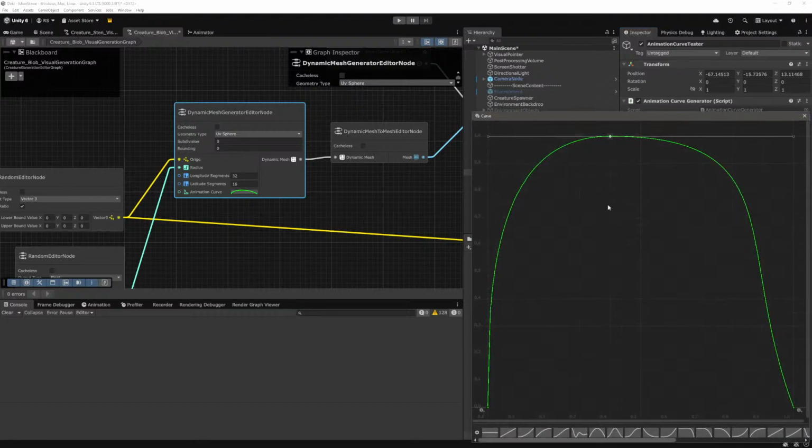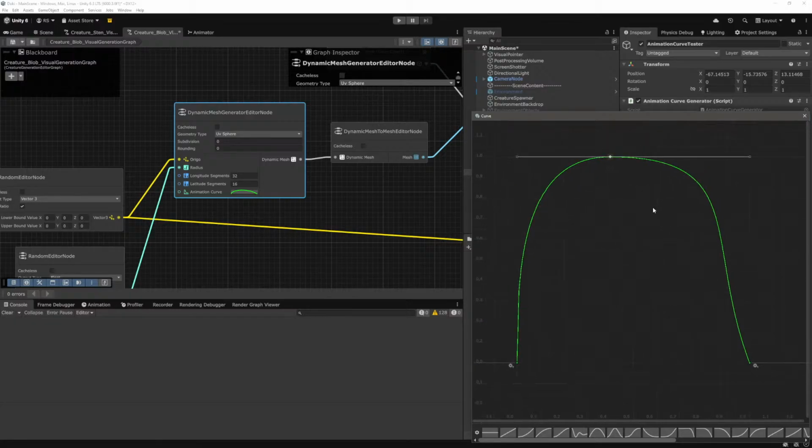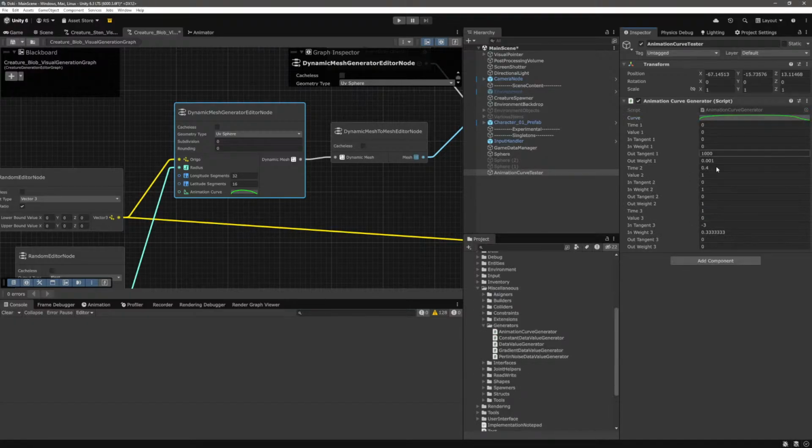Then we get something like this. Like what does 1... Oh, is 1 the length to the next keyframe?